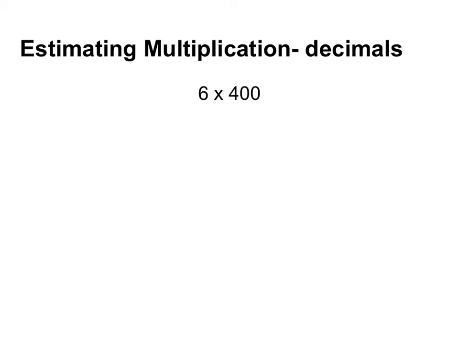So here's an example. 6 times 400. Here's what we're going to do. We're going to break apart the tens. We're going to try to find where we're multiplying by 10 and where we're dividing by 10. So what we did here is we broke the 400 into 4 times 100. 6 times 400 is exactly the same as 6 times 4 times 100.